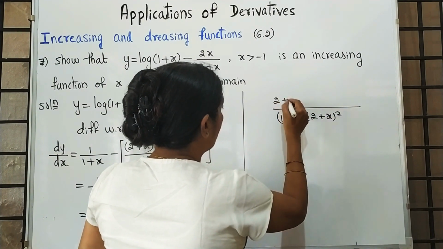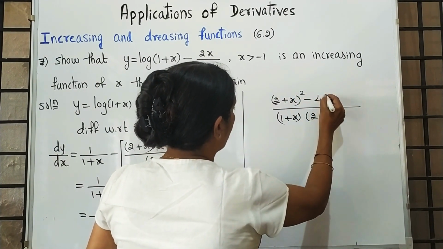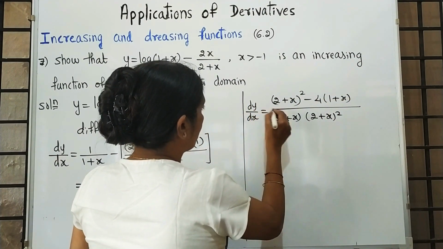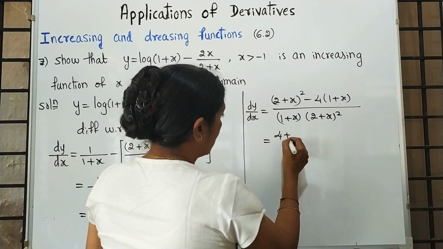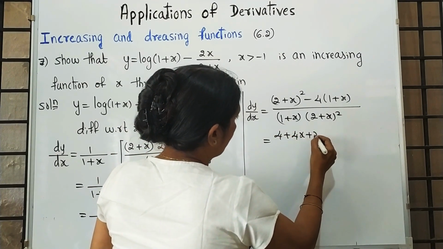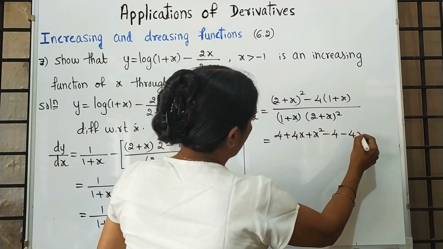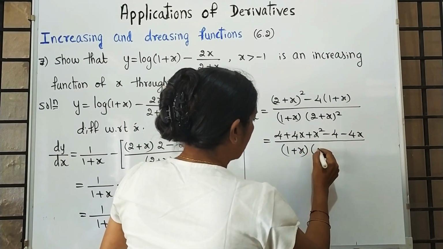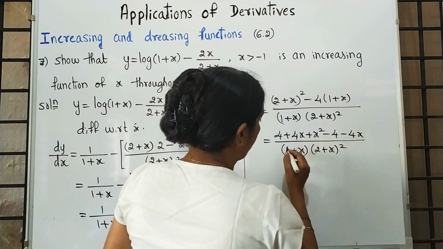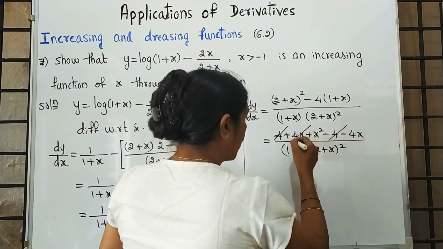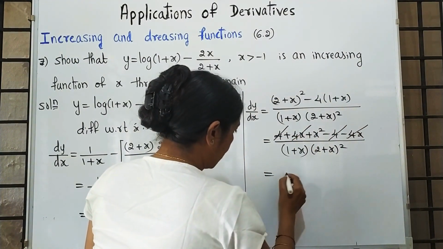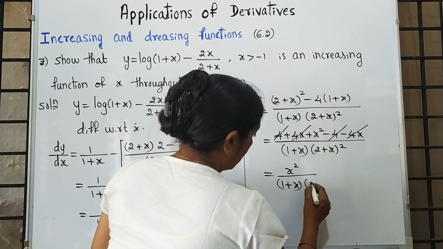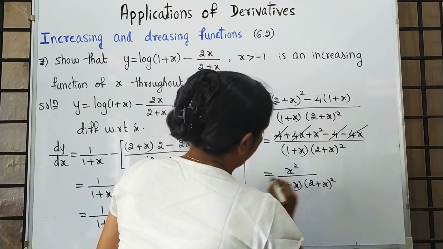Here it is 2 plus x whole square minus 4 into 1 plus x. Remove the bracket. It is 4 plus 4x plus x square minus 4 minus 4x divided by 1 plus x into 2 plus x whole square. Plus 4 minus 4, plus 4x minus 4x get cancelled. It is x square upon 1 plus x into 2 plus x whole square.